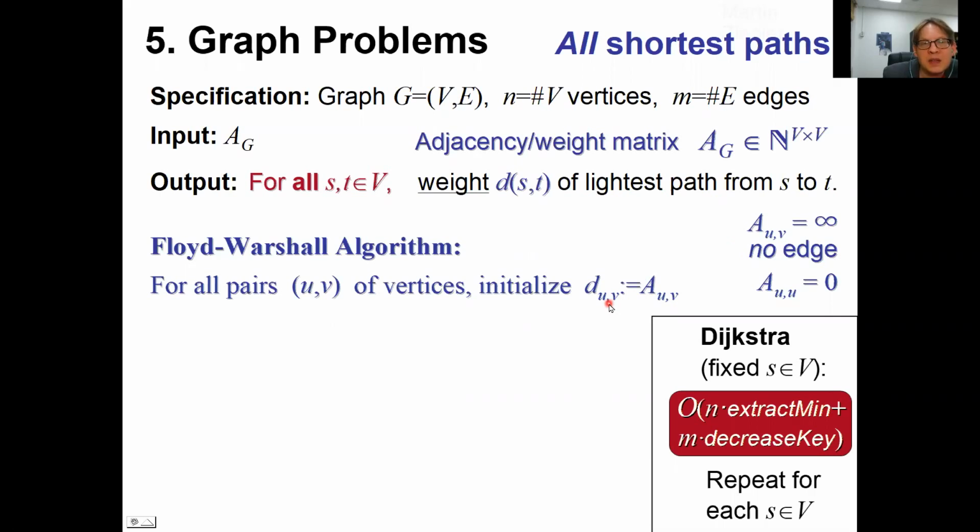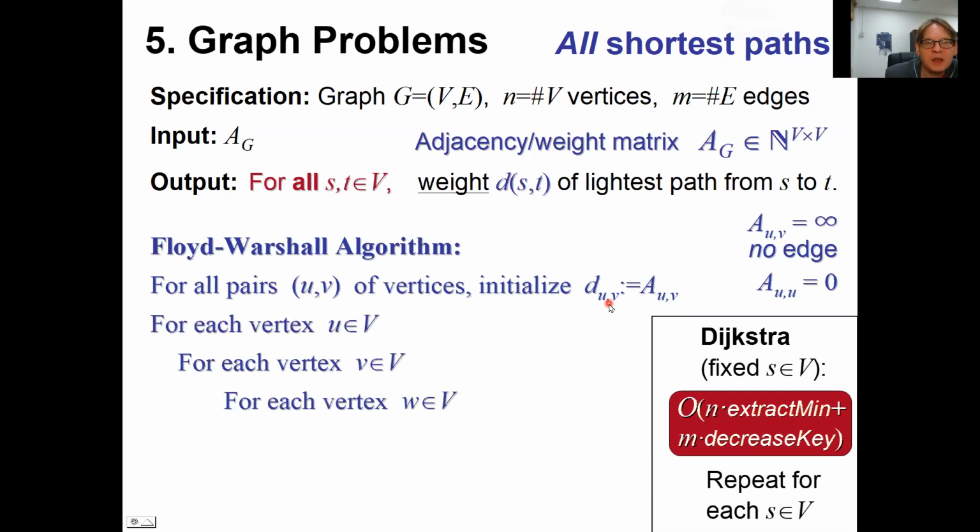And again, the Floyd-Warshall algorithm will, like Dijkstra's, gradually decrease entries in this now two-dimensional array whenever it finds a path that is better than the previous path. So the Floyd-Warshall algorithm consists of three nested loops that only run over the vertices, interestingly, not the edges.